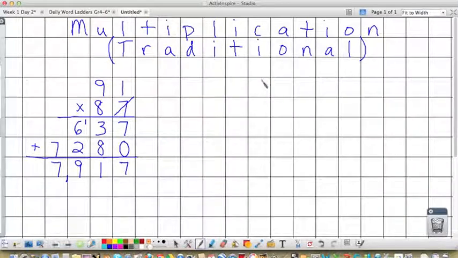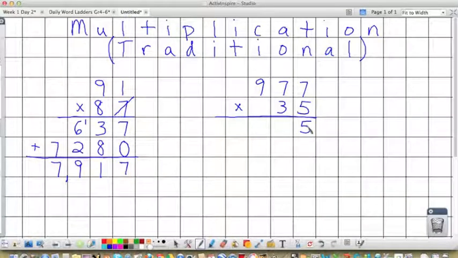For another example, we'll do 977 times 35. And again, we start with the ones place on the top times the ones place on the bottom. 7 times 5 is 35. So we put our 5 down in the ones place.